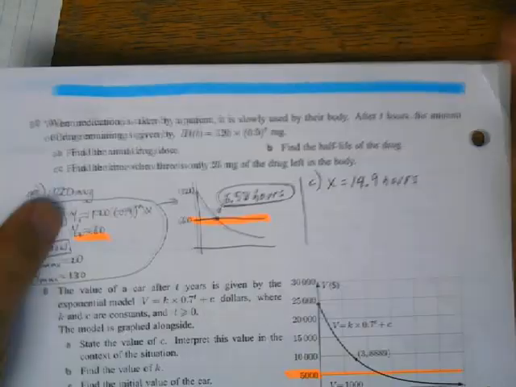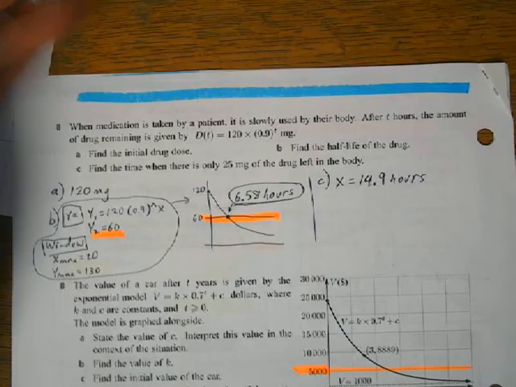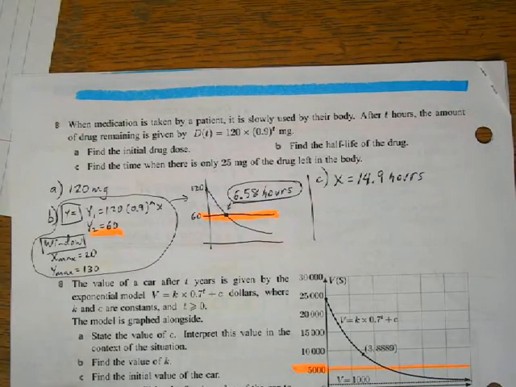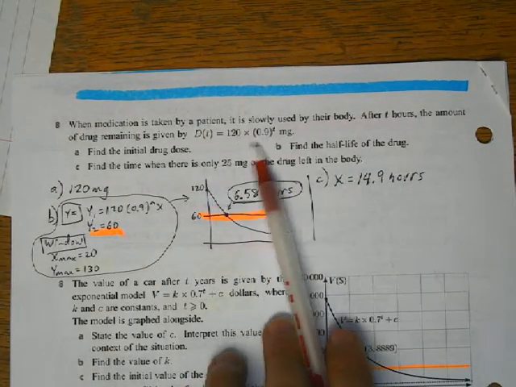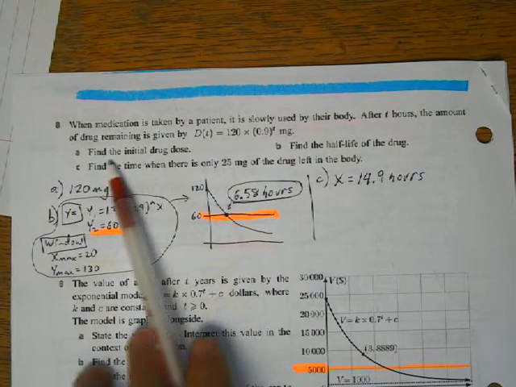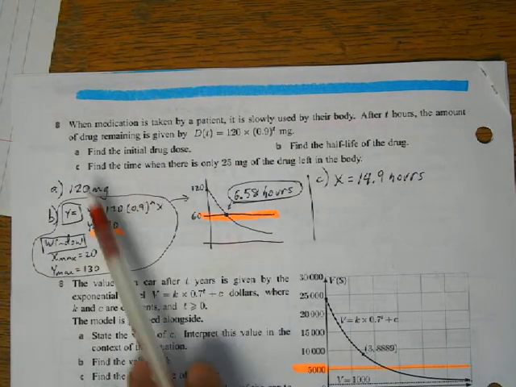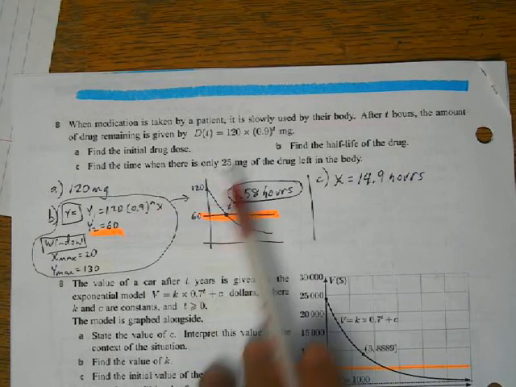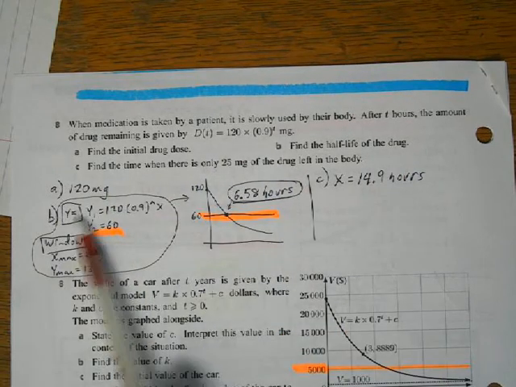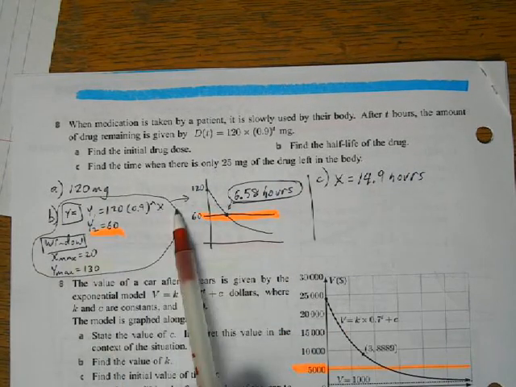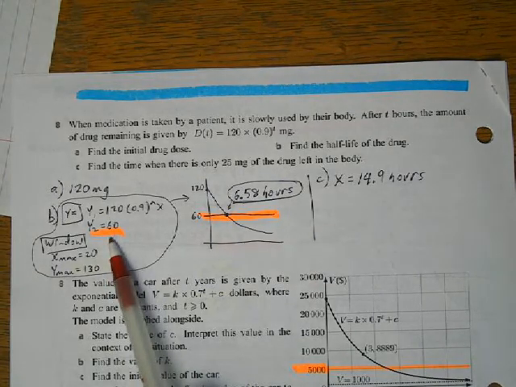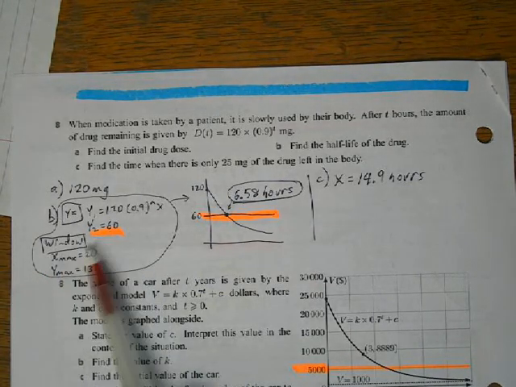Last page. Okay, the medication is taken by a patient and slowly used by the body, and it has this equation. Find the initial dosage of the drug. It's 120 milligrams. Okay, find the half-life of the drug. So we can type in this equation, and half of 120 is going to be 60. So we can change our window.